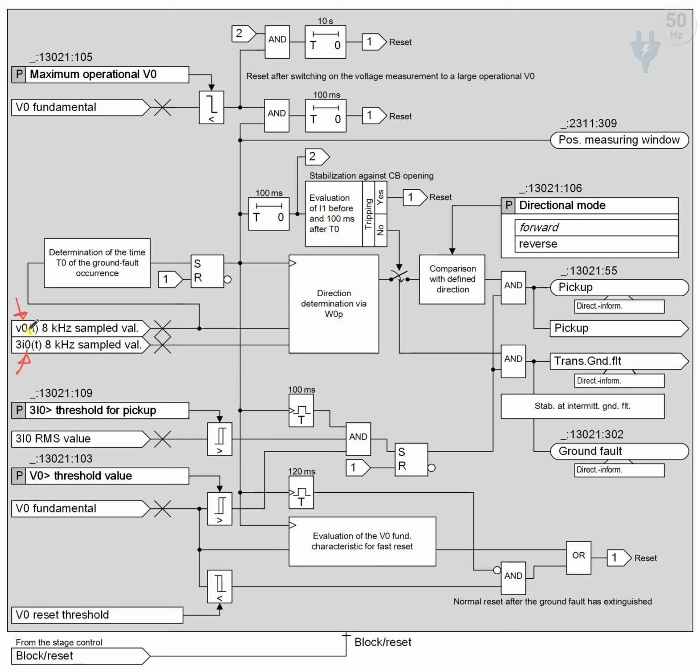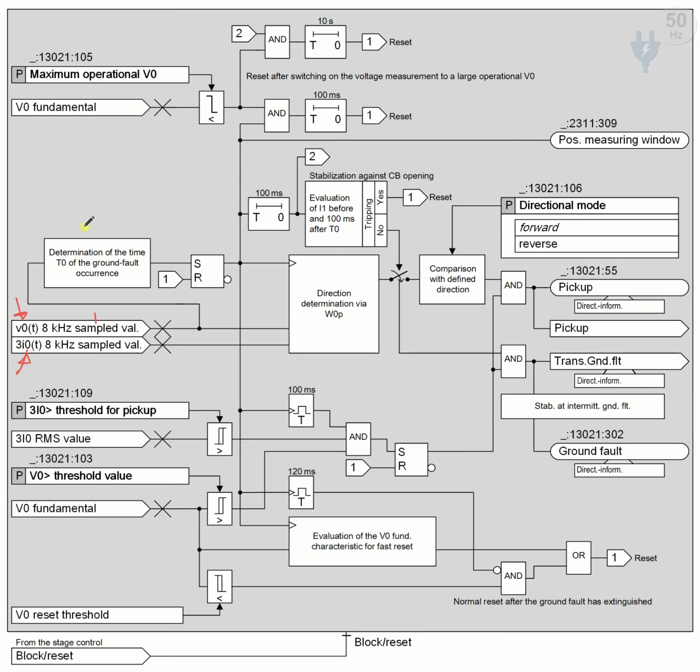These values are continuously sampled at the rate of 8 kilohertz, and the sampled values are supplied to other blocks, and we will discuss each one of these blocks one by one.